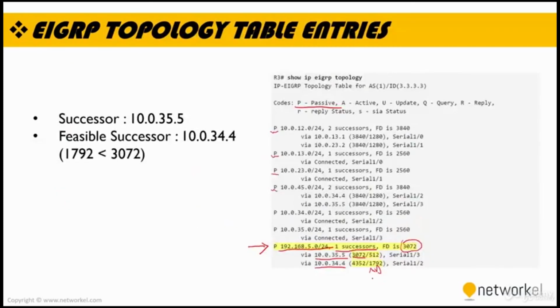And our advertised distance in here is this, and this value is smaller than the feasible distance of our successor. And that means that I can use this as a feasible successor. The first value in here represents the FD, and this represents the advertised distance.